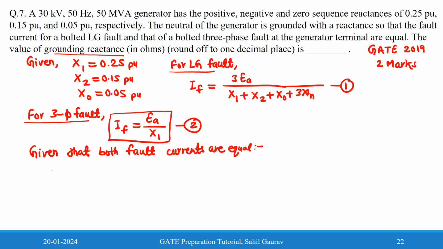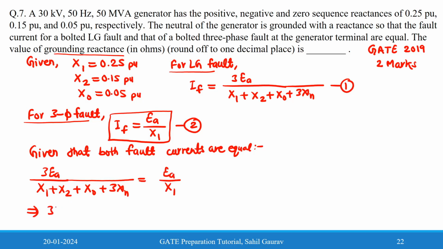So 3 times EA divided by x1 plus x2 plus x0 plus 3xn is equal to EA divided by x1. So EA gets cancelled out.